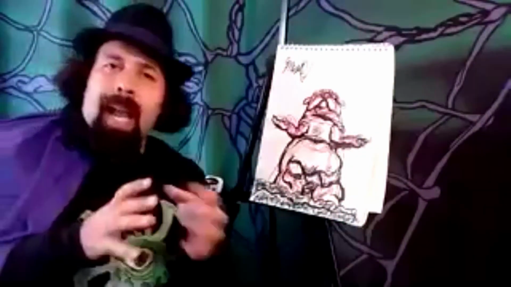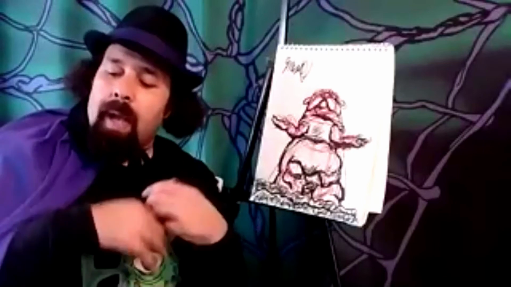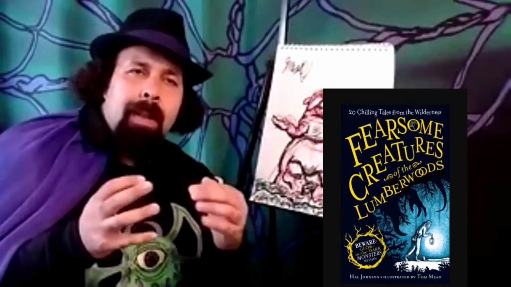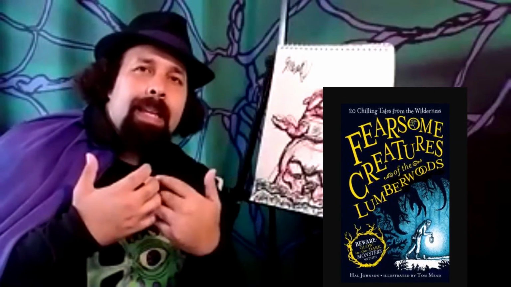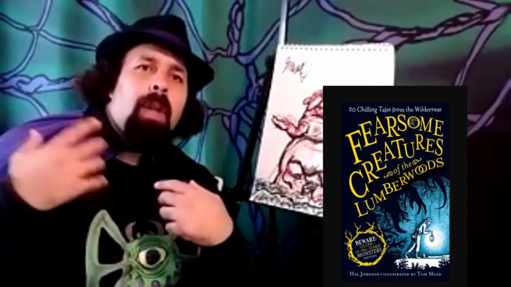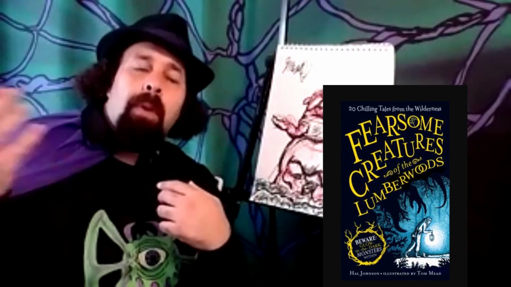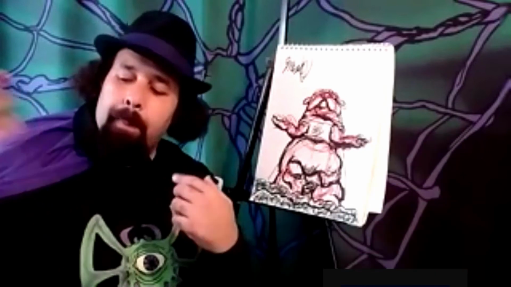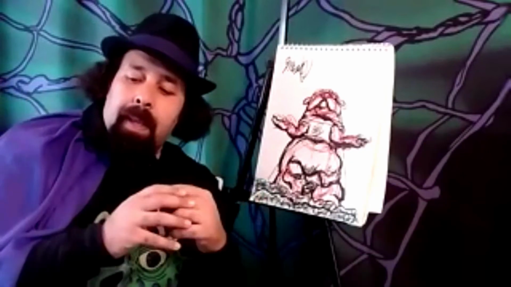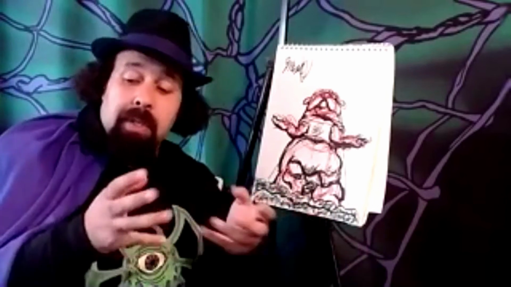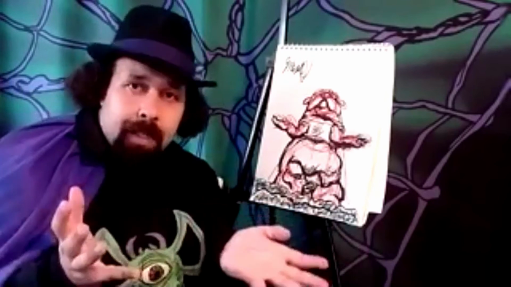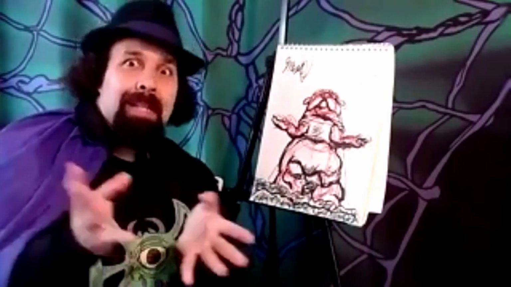So you can find that on the internet for sale. And on top of that, there is actually a book called Fearsome Creatures of the Lumberwoods. It actually is a revised version of a long, formerly published book from 1910 by William T. Cox. But the more current version, Fearsome Creatures of the Lumberwoods by Hal Johnson, is actually available in the Centre County Library.